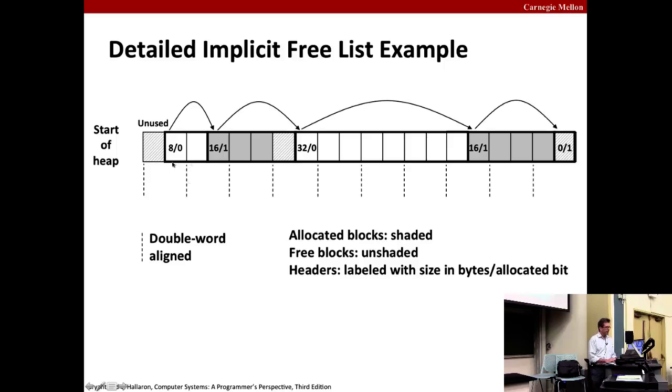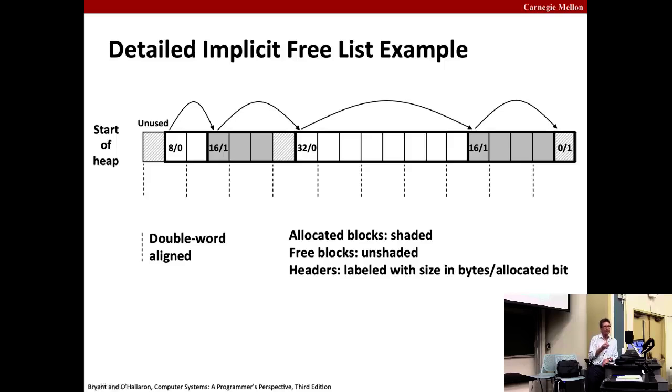And here we're indicating a free block consisting of 8 bytes. And then that's followed by an allocated block, the one here, of 16 bytes, or four words. And now the payload is only 2 words, so we have to pad all of our blocks, because we're assuming that they're aligned on 8-byte boundaries.